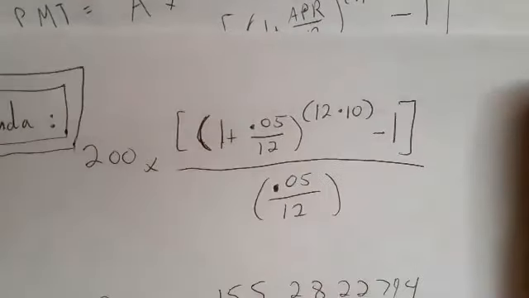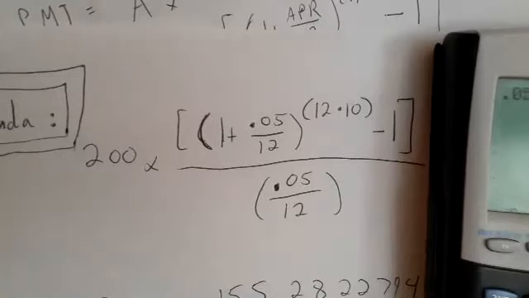Are you getting the 0.05 over 12? I'm not too sure how to really solve it from that point.